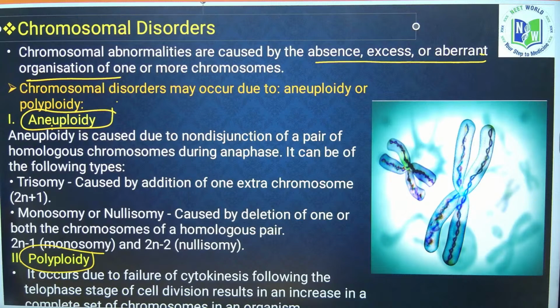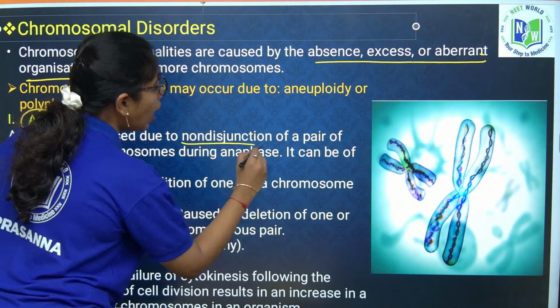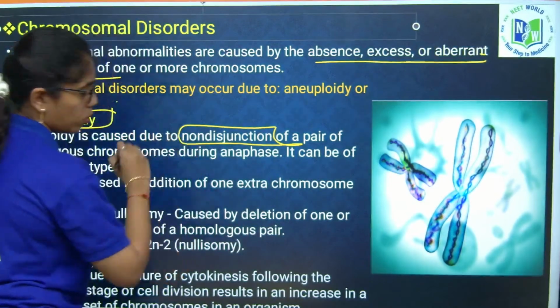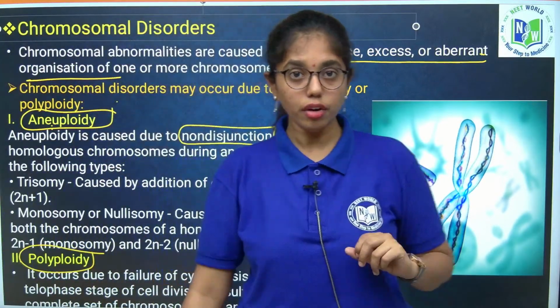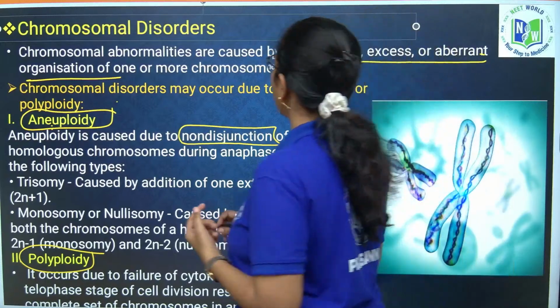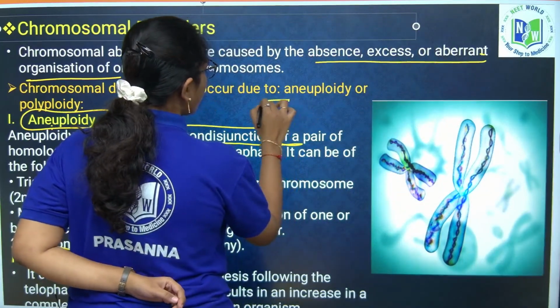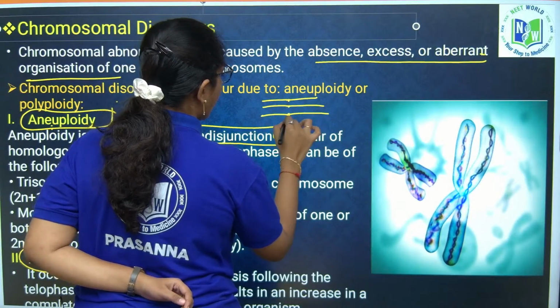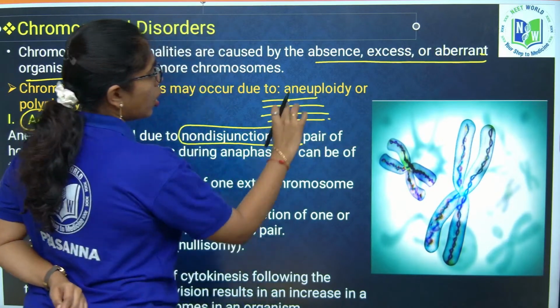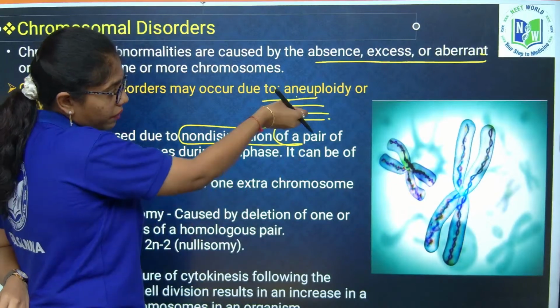Aneuploidy is caused because of non-disjunction of the pair of chromosomes. What does it mean? During anaphase 1, the homologous chromosomes should be segregated.